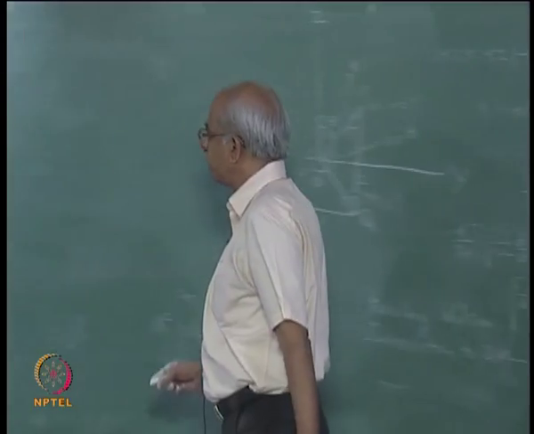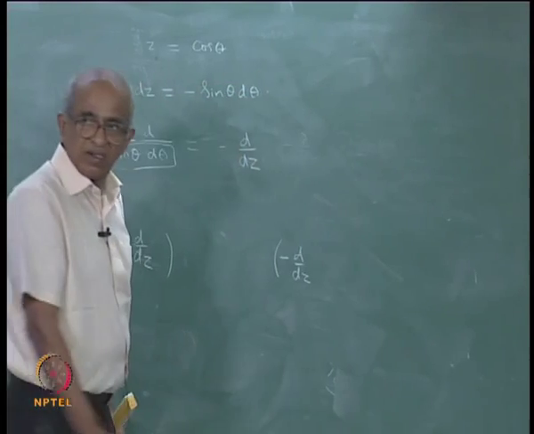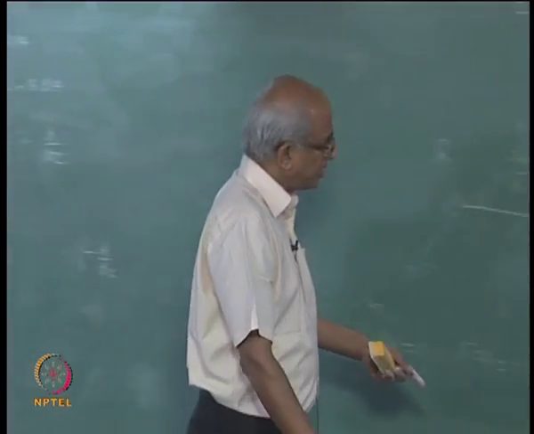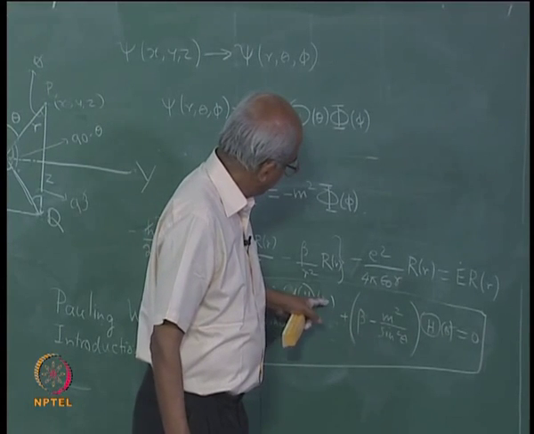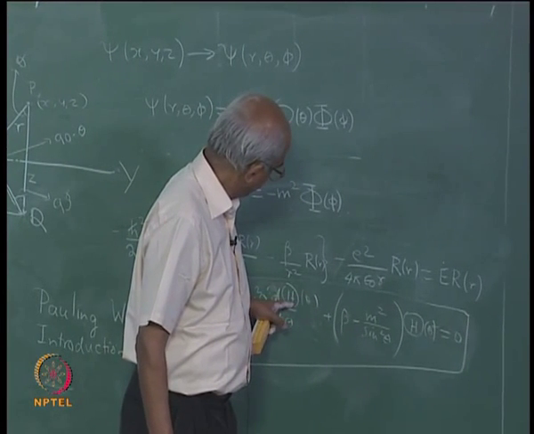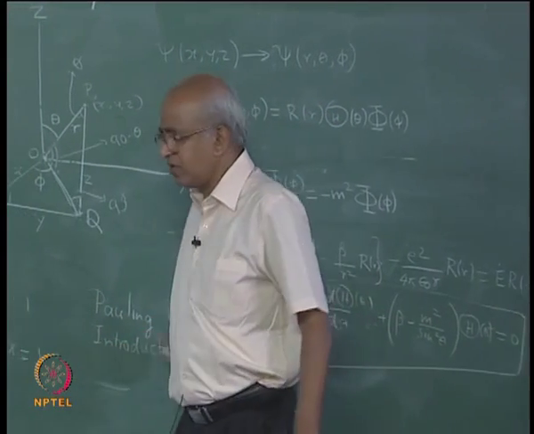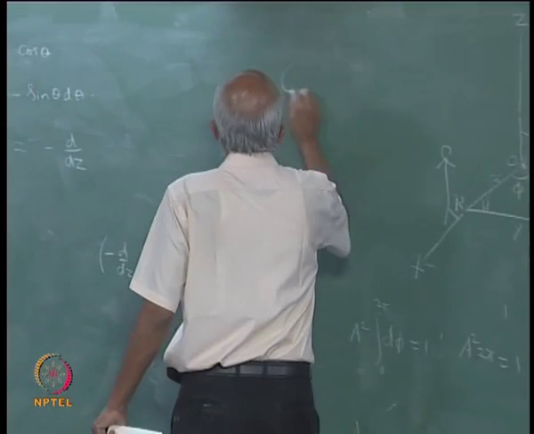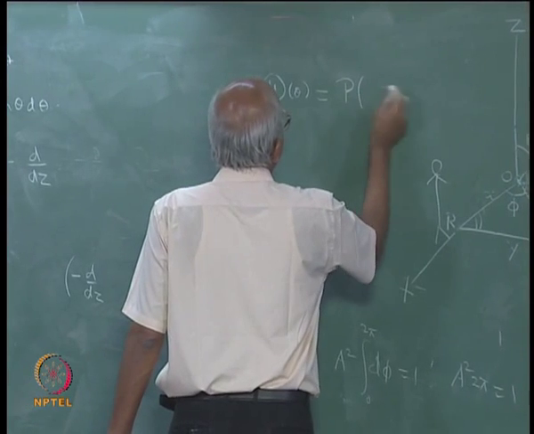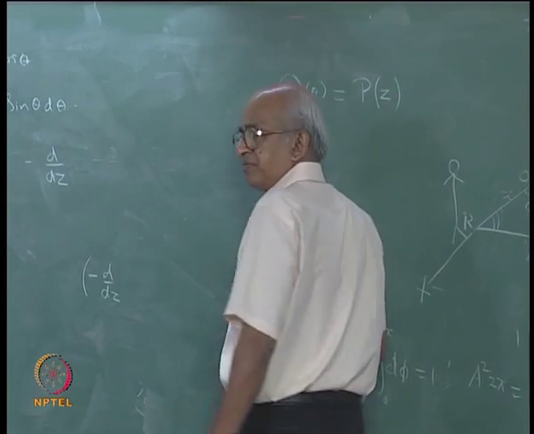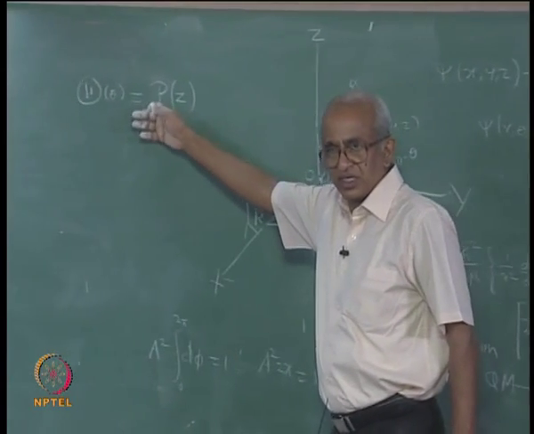So, I will have another minus d by dz, and that is going to operate upon capital theta. But I am going to change the variable. Now I have a new variable, and therefore this function capital theta of theta is actually equal to some new function P of z, because the function will change when you change the variable.